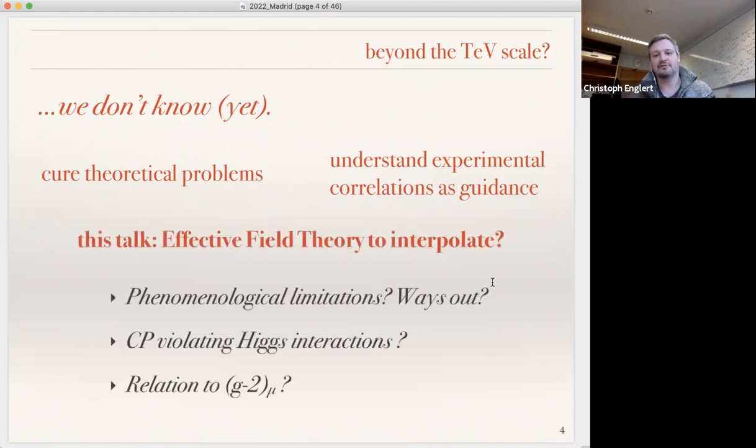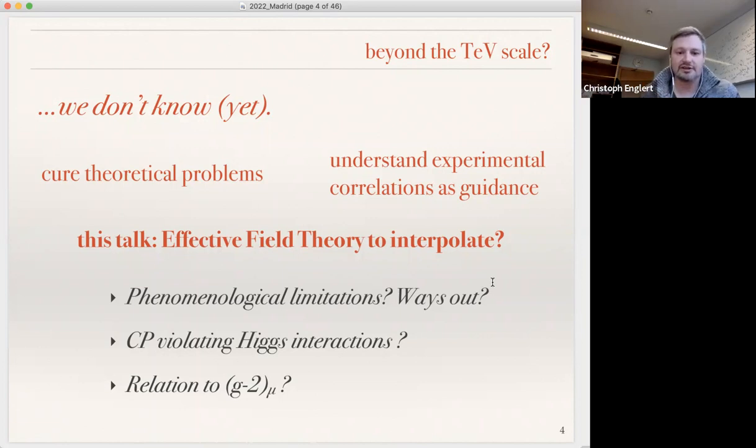My talk today is trying to interpolate between these two avenues and ask how, if, and under which circumstances effective field theory is an appropriate means to interpolate between these two questions. I will use a bunch of experimental reference points to give a general flavor of what my personal opinion is and how to move forward in that context.